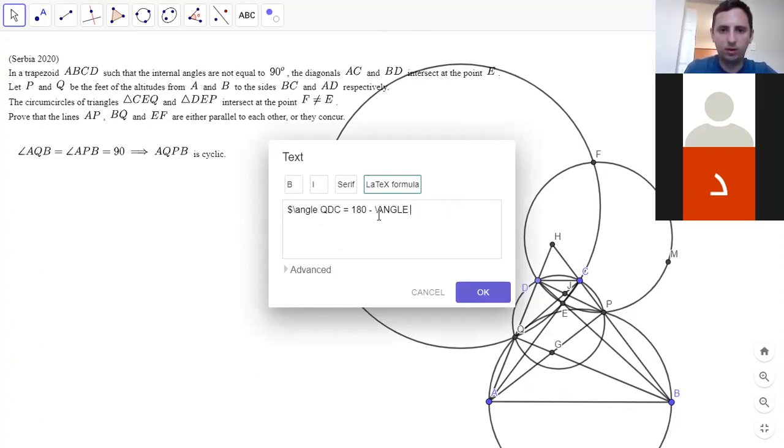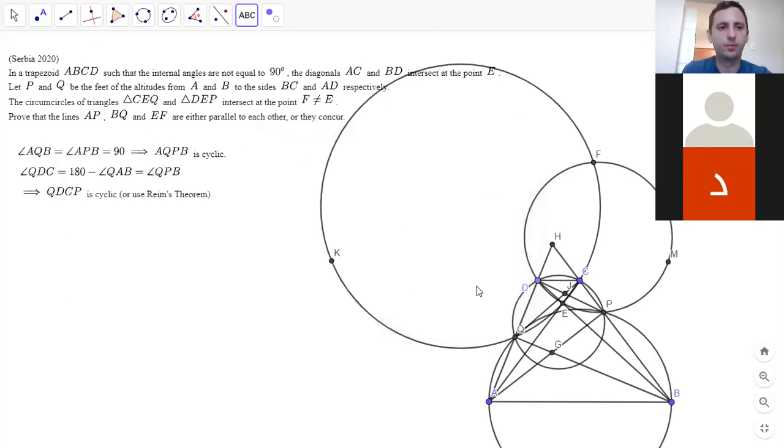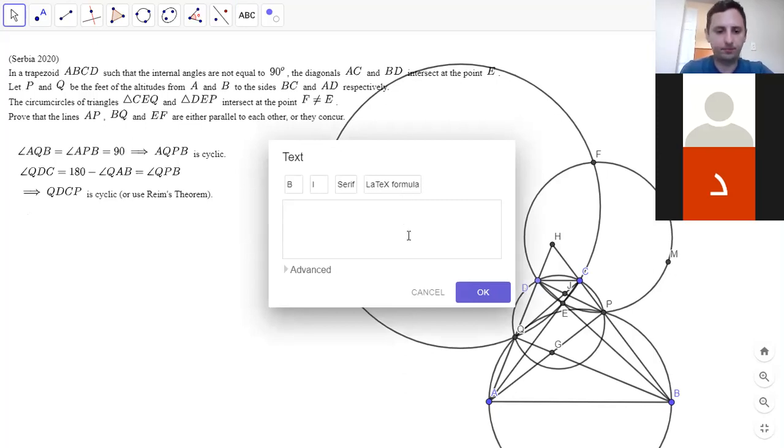Whoops. That means that QDCP is cyclic, or use Reim's theorem. Or Reim's theorem, I'm not sure how to pronounce it. And then once we know that, by the radical axis theorem, PD, CQ, and EF concur at a point J.